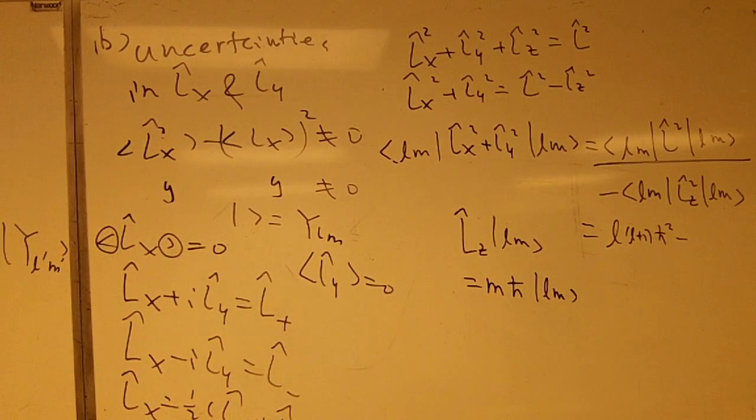Did you see this guy again? That was when it was only applied on Y l n. This time, Lz applied to Y m just equals this. You got it? So when you apply this term on this, you see this one right here. Applied to Y m, this is m hbar.